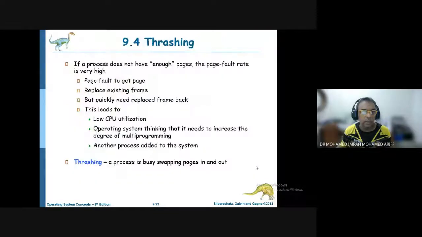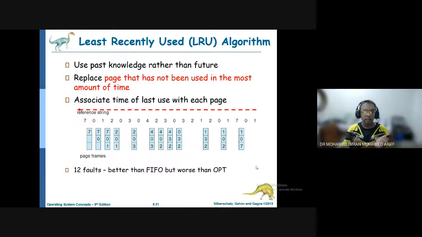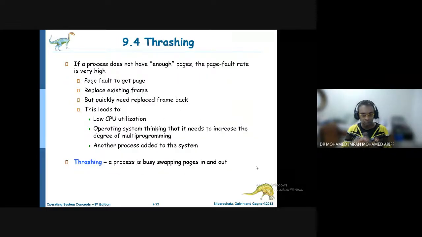All right, next we go into thrashing. Thrashing means the process does not have enough pages. Maksud dia, from the backing store nak masuk to physical, it does not have enough pages, then the page fault rate is very high. Why is the page fault rate very high?